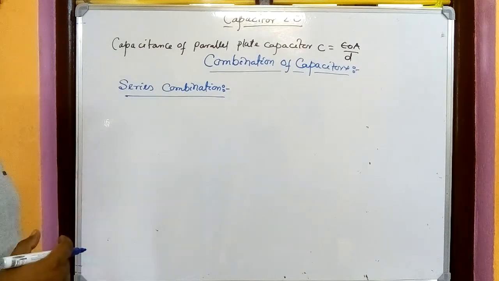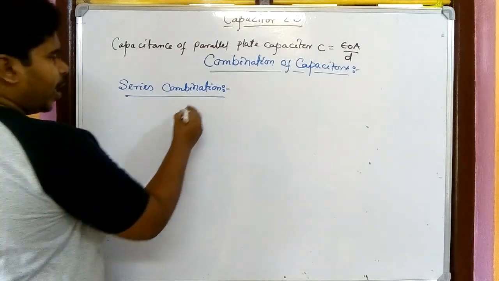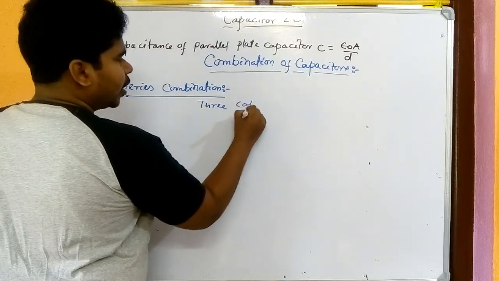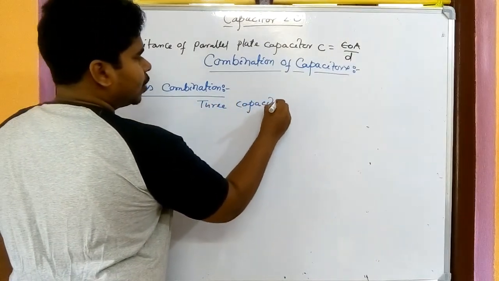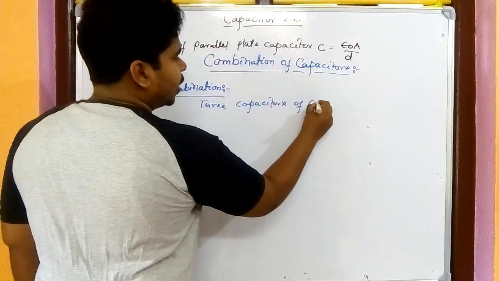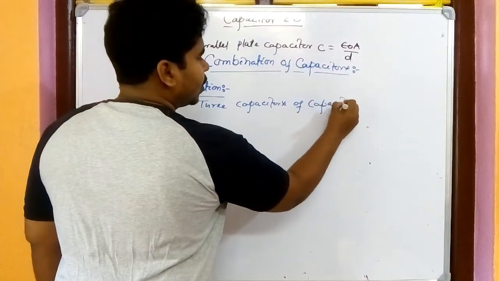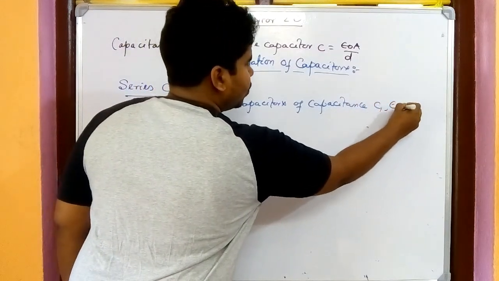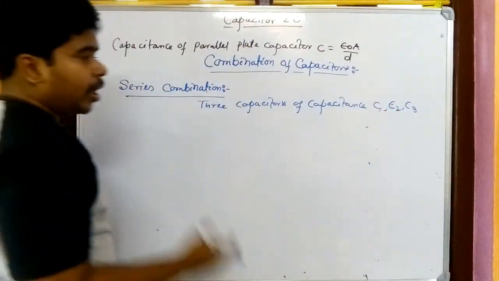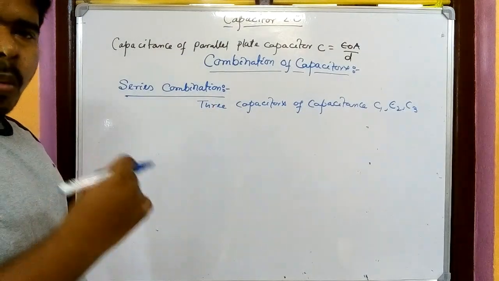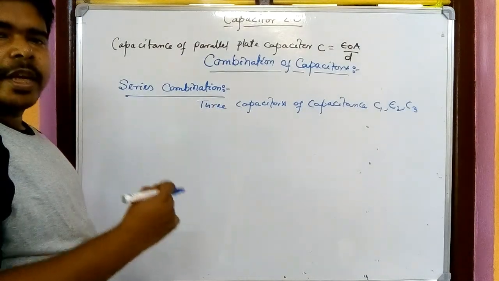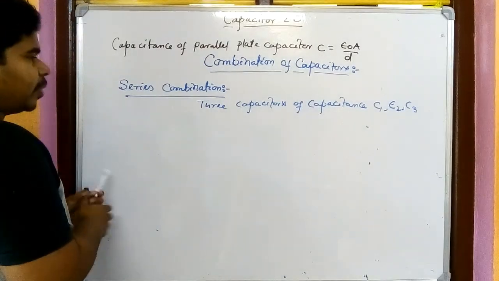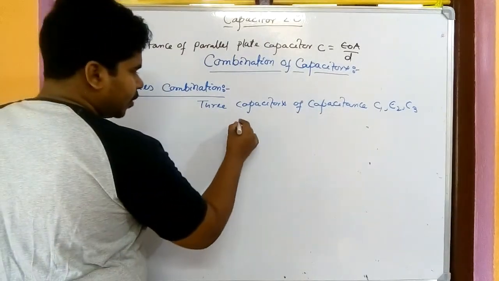So series combination means, assume we have three capacitors of capacitance C1, C2 and C3. If we connect them one after another, end to end, that is a series combination, just like this.